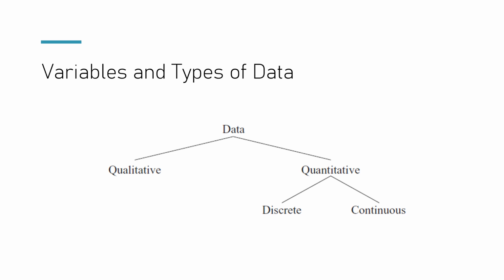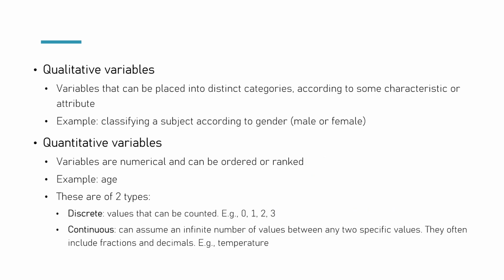Discrete can be like for example, if you are female, we are categorizing all female as number 1 and all male as number 2. So 1 or 2 are the discrete data. Now, qualitative variables can be placed into distinct category according to some characteristics or attribute. For example, classifying a subject according to gender. So that's a qualitative one, but that when is classified can be a discrete as well.